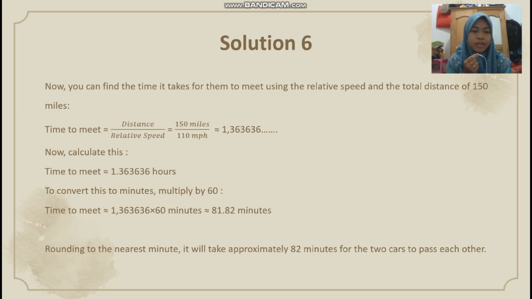Time to meet equals 1.363636 times 60 minutes, equals 81.82 minutes. And rounding to the nearest minute, it will take approximately 82 minutes for the two cars to pass each other.